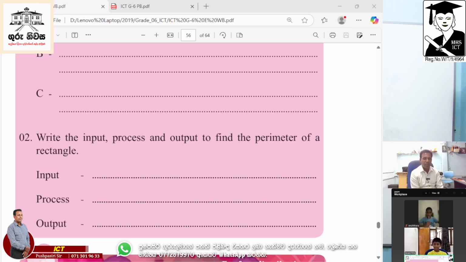What is the formula, Kevin? Length plus width times 2. Length එකයි width එකයි එකතු කරලා දෙගුණයක් කරන්න ඕනේ නේද? So that also can be done, right? What Kevin said was correct.